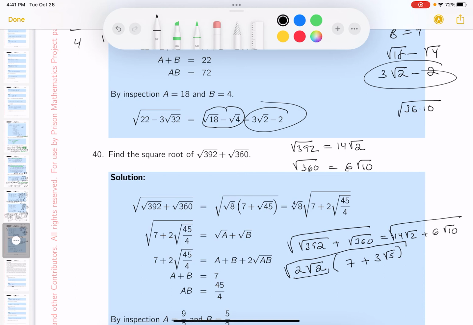It's really, 2 root 2s is really just the root of 8. And I'm taking the square root of the root of 8. Again, 2 root 2s is the root of 8. So that's going to be the 4th root of 8. I'll write that down for you. A half times a half is a quarter, by the way.